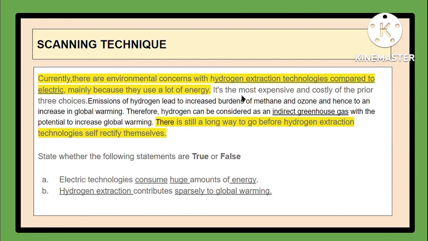So very quickly, it's the most expensive, costly, so it couldn't be here. Okay, and the last in the middle somewhere, therefore hydrogen can be considered as the indirect greenhouse gas. Okay, so this makes the statement more clear, especially the use of an indirect effect agent. So I'm gonna go here and mark this statement as true.